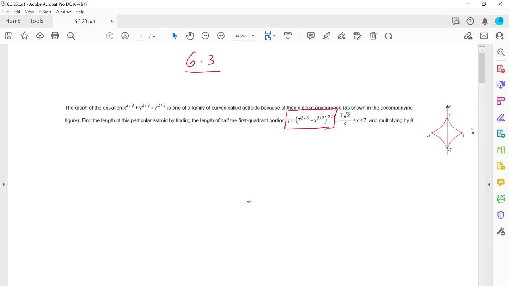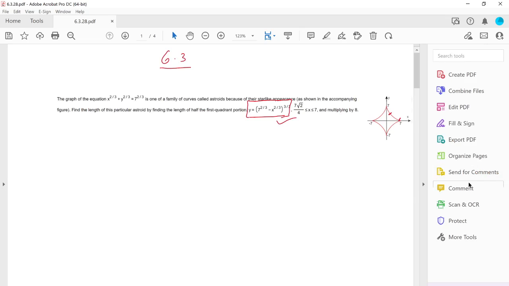So if we find the length of half of this in the first quadrant, the length from here to here, then this curve is represented by this equation.